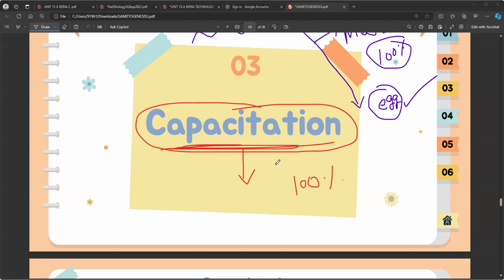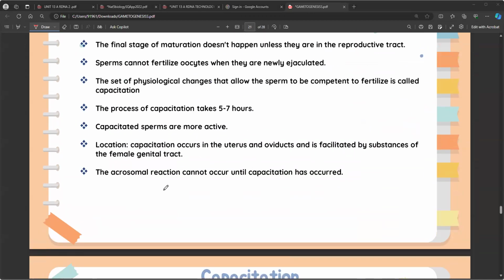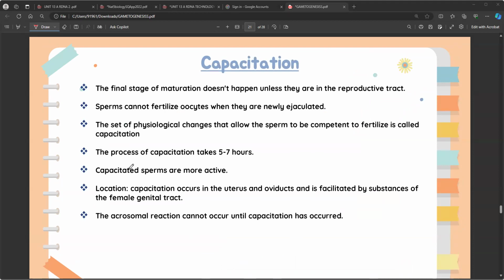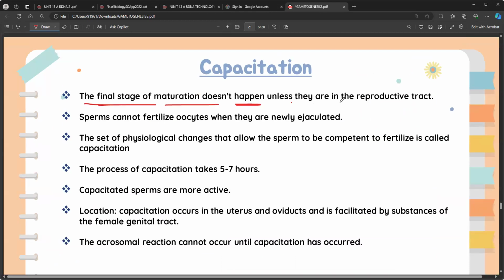Don't get confused. And it only happens in the female genital tract. So listen, everyone, the final stage of maturation doesn't happen unless they are in the reproductive tract. No point of getting confused.